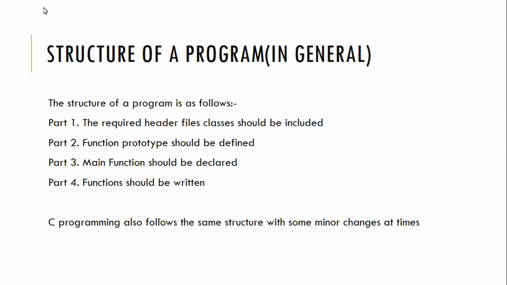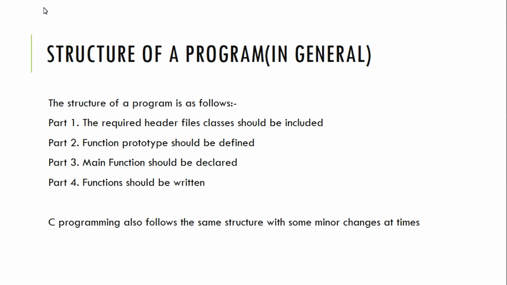Now the fourth part consists of the functions that should be written. In part 2 we defined some function prototypes before the main function. Now those functions will have to do some work, and what they do is instructed after the main function.